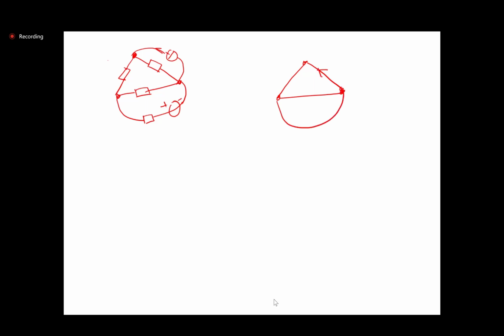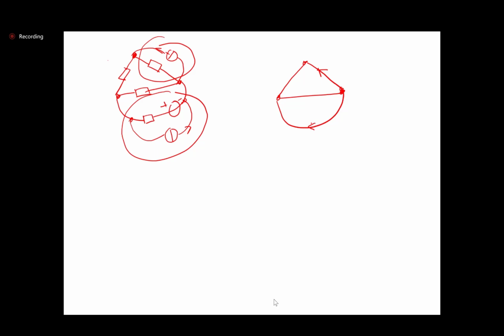So this branch actually includes these two, and this branch includes these two. Series and parallel connections are treated as one branch. Maybe this position will have another component also, in parallel. We can also treat all this part as one branch.